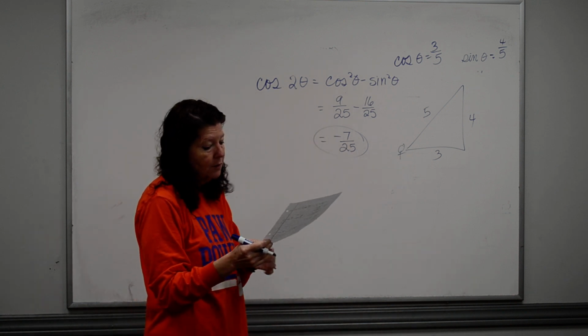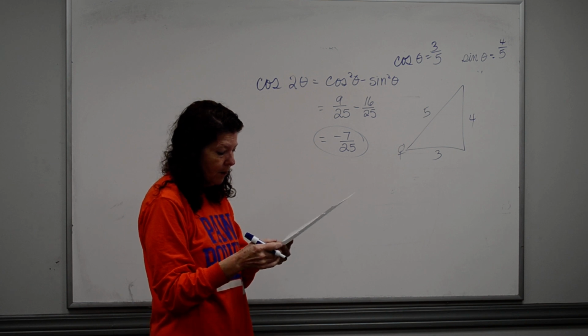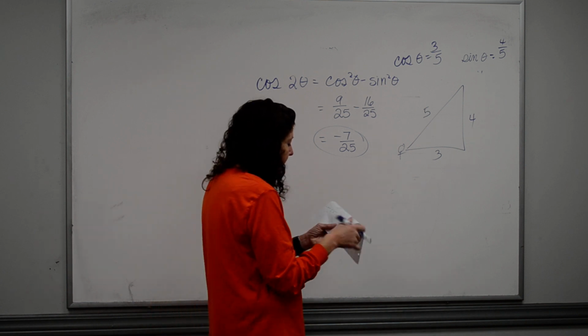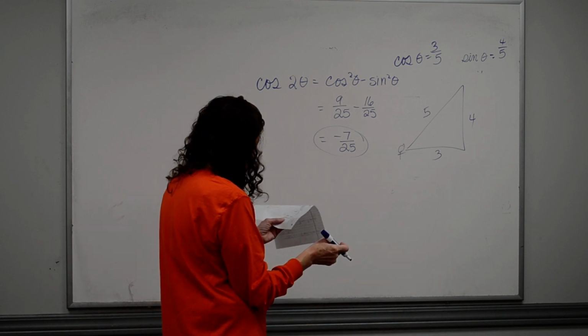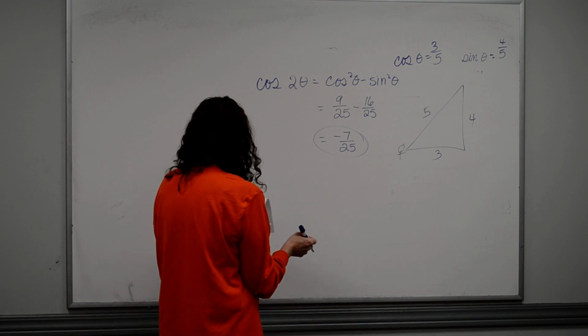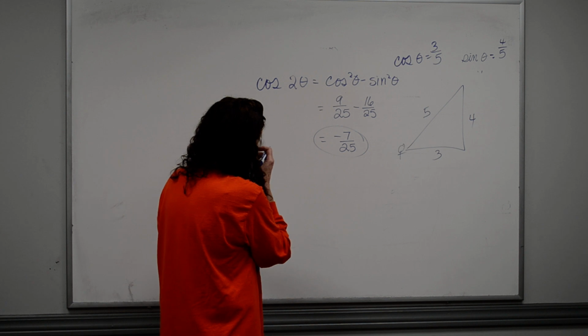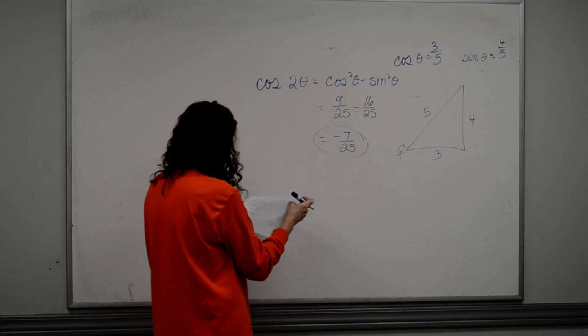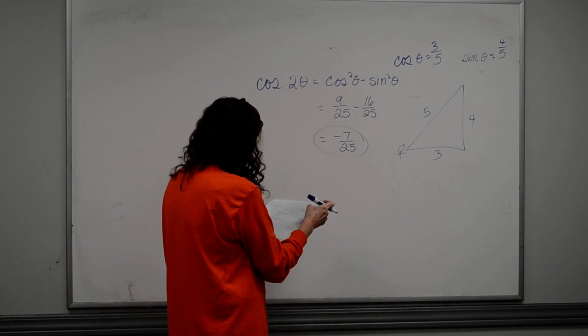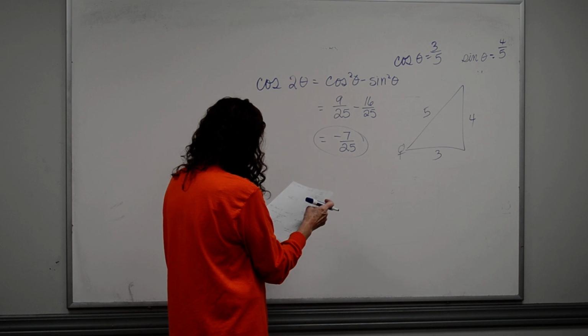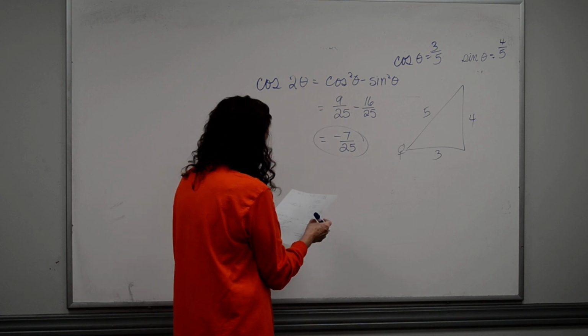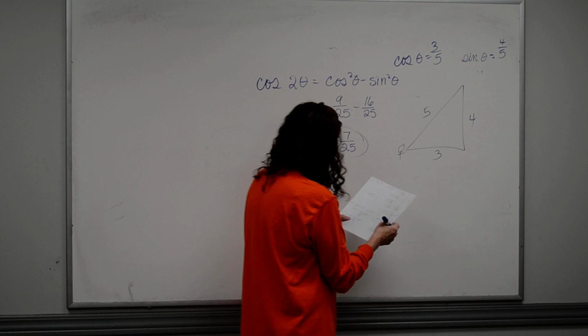So it really, truthfully, is just a matter of plugging in. I'm going to skip on down to number 33. Well, I would have to find the sine of 2 theta as well. So let me go back.